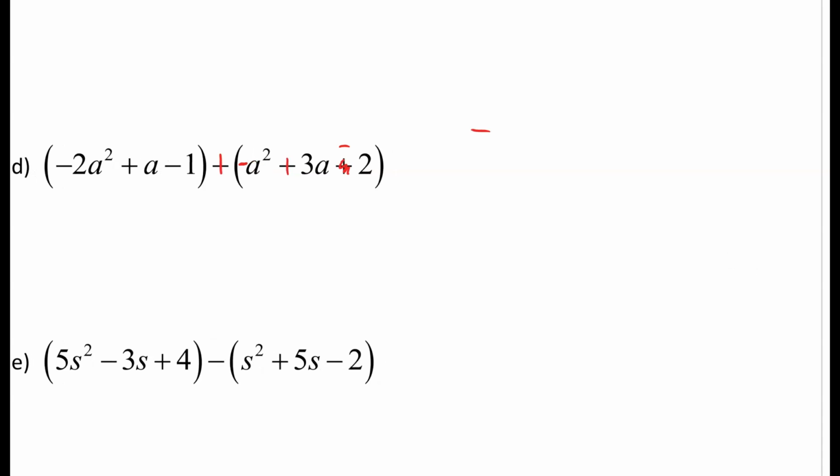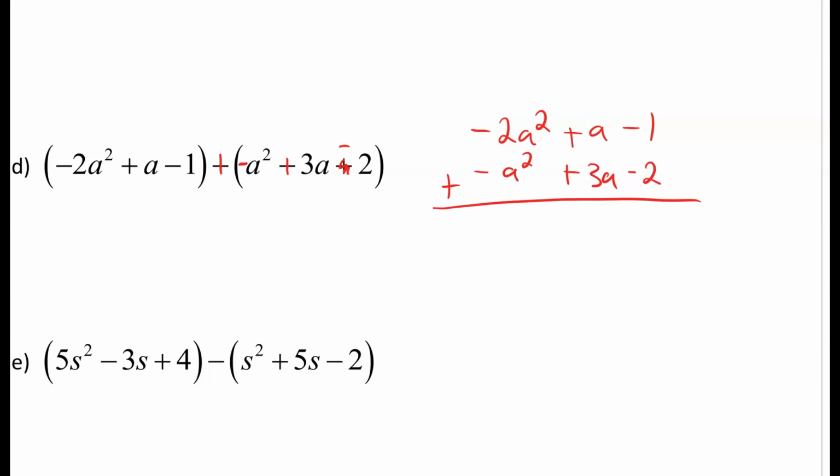So the first portion copies down the exact same. So plus a subtract 1. Below this, I have -a squared, positive 3a, and -2. Draw my line, and I'm going to go vertically, so I have -1 plus -2, which gives me -3.